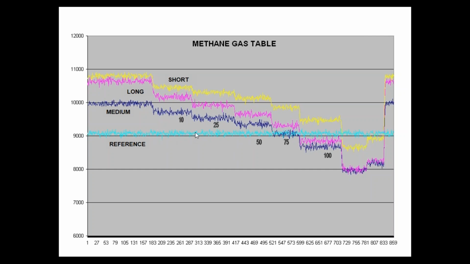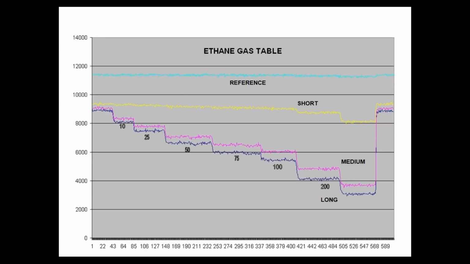Now you can see this one channel here is our reference channel. That will never change with gas. The only time that changes is if it sees moisture, so we use that channel as our moisture detector. This is for methane. If I quickly go over to ethane, you can see that ethane hardly has any absorption in the short range, but it does in the medium and the long.